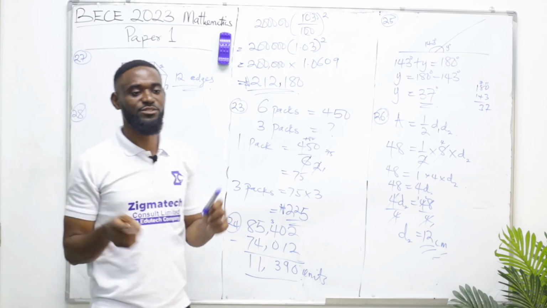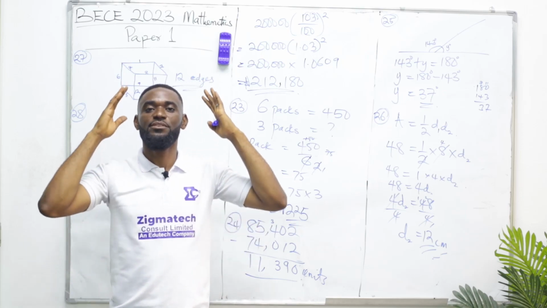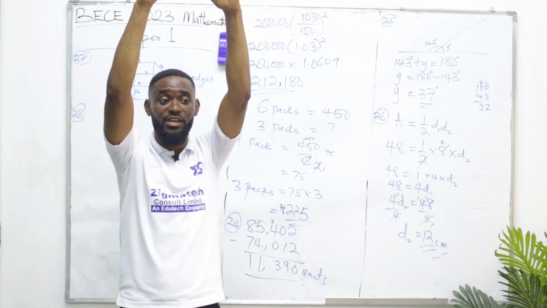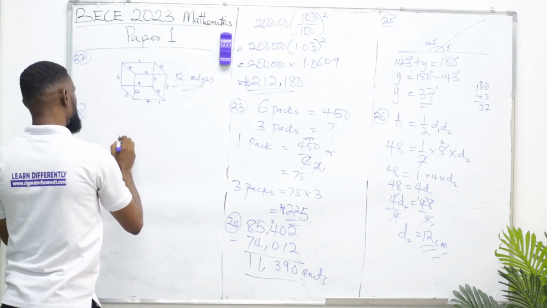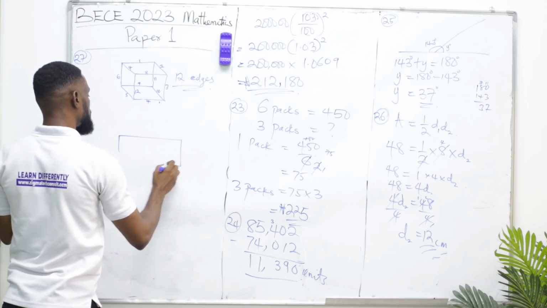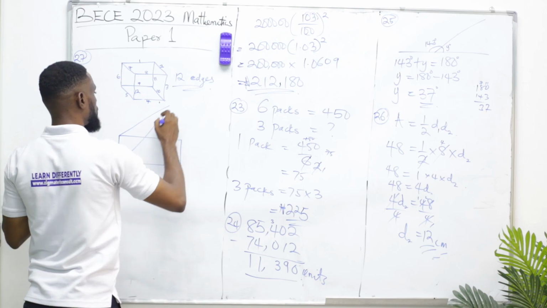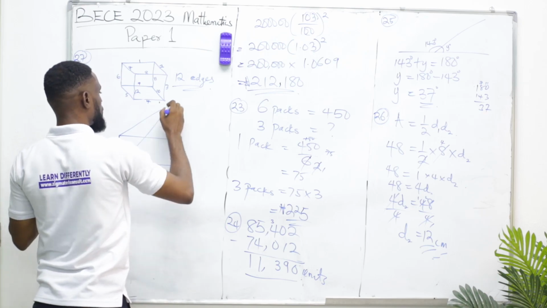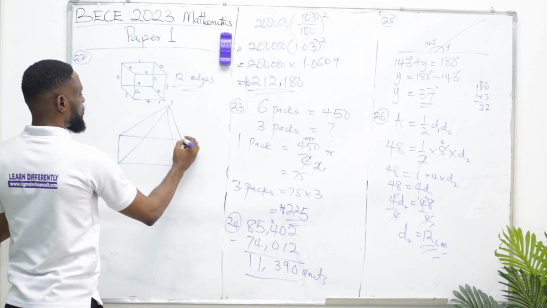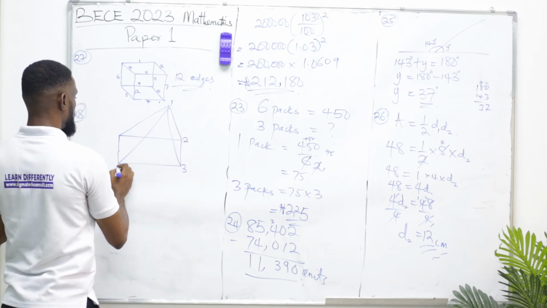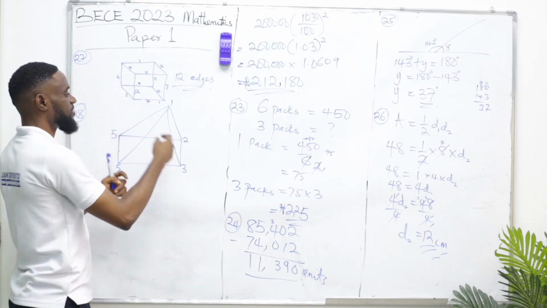A rectangular pyramid is a rectangle that has a very tall cliff, okay? So we have 1, 2, 3, 4, 5. Okay, so we have 5 vertices.